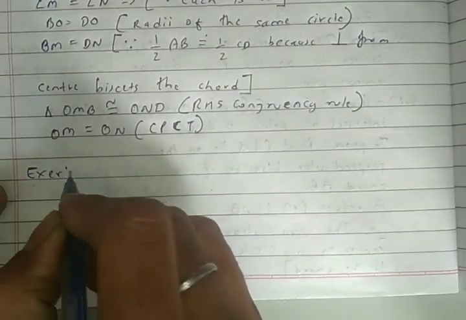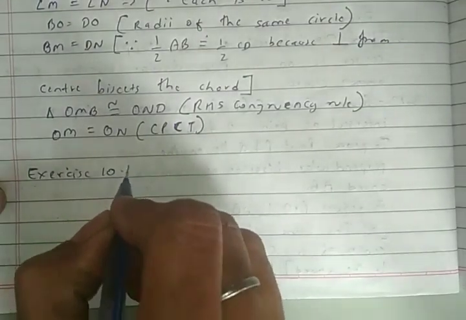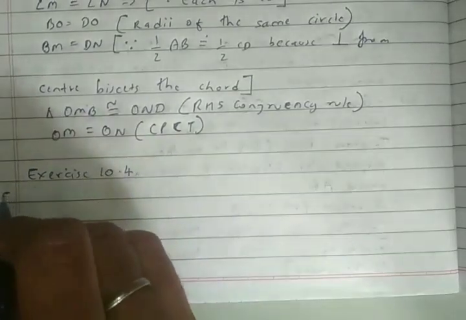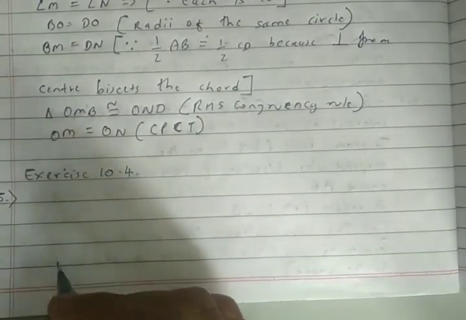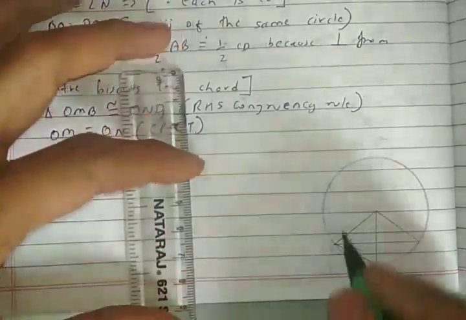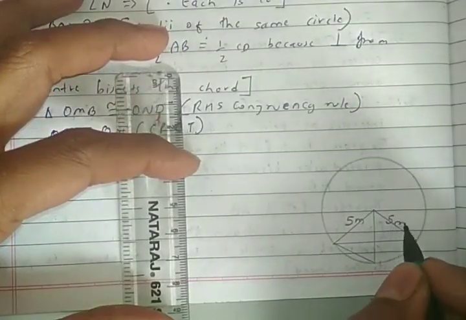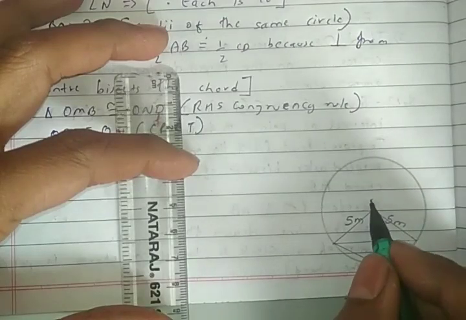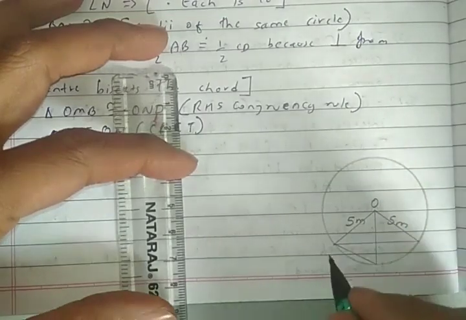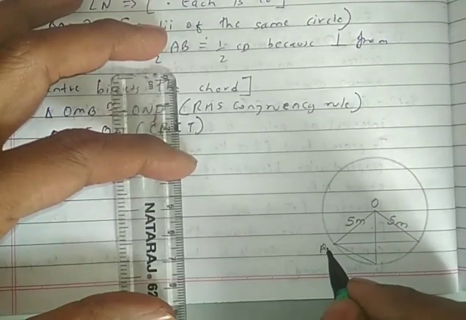Exercise 10.4, fifth sum. Now the radius of this circle is 5 meters. This is point O. Here is Reshma standing.